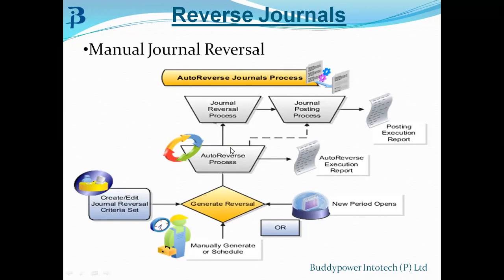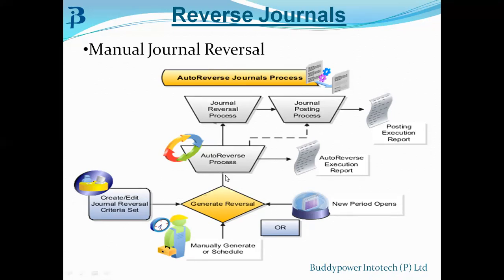Then after the automatic reversal option is set to reverse, and it posts automatically, the auto post process posts all the reversal journals that were generated by the auto reverse process to your general ledger. Then the general ledger automatically creates the auto reverse execution report.